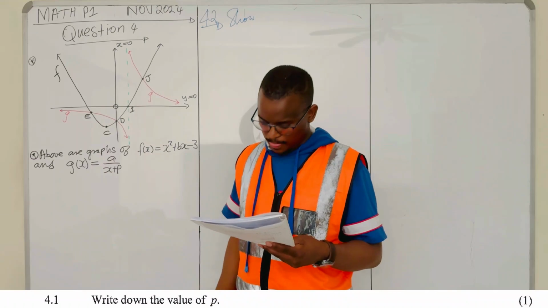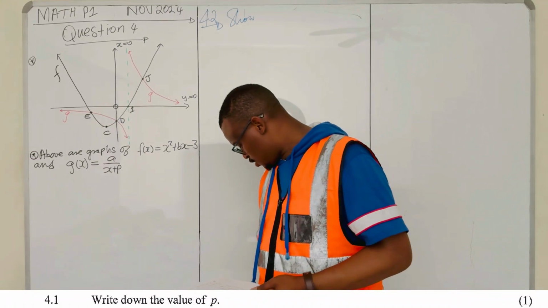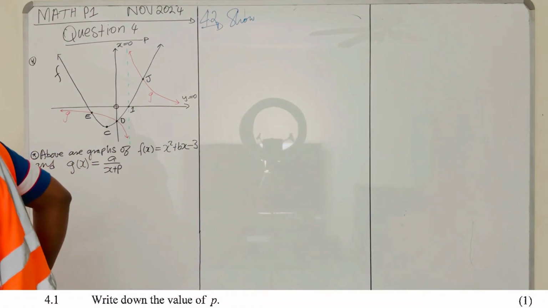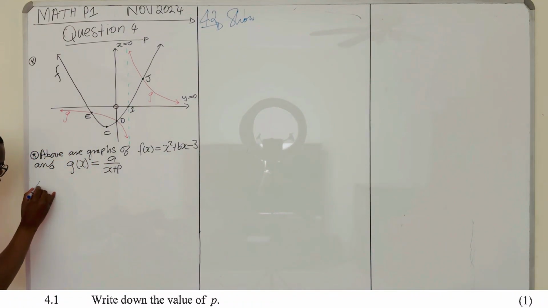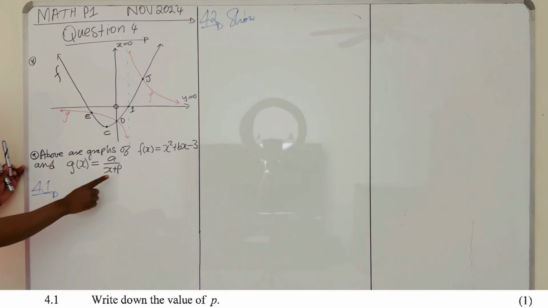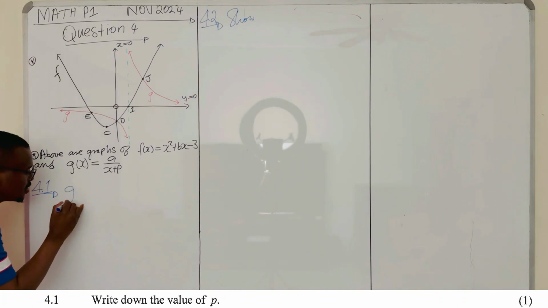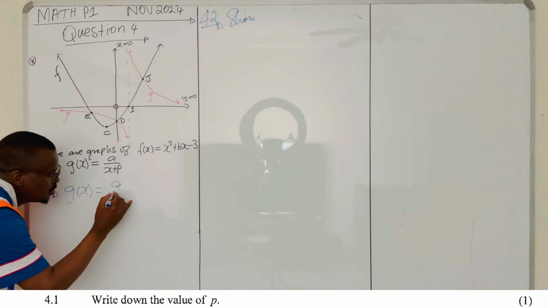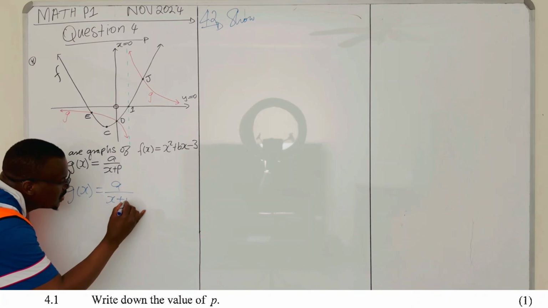So at 4.1, they are saying determine the value of p, right? So now we're going to do 4.1. They want you to write down the value of p. What is p? P is this value here. And you know very well it is related to your vertical asymptote, right? So you are given g of x to be equal to a over x plus p.